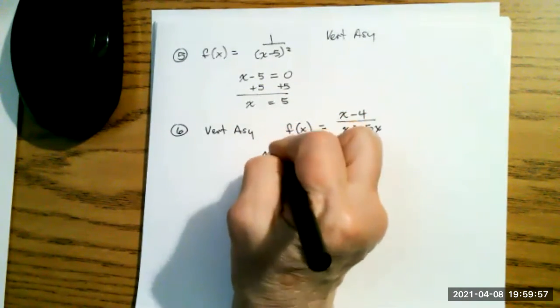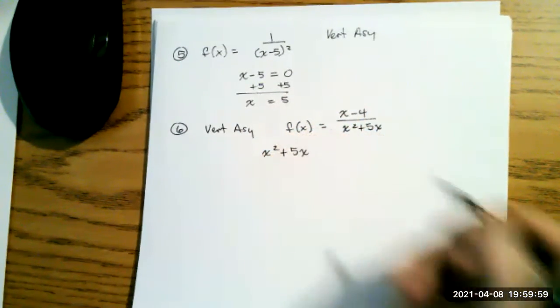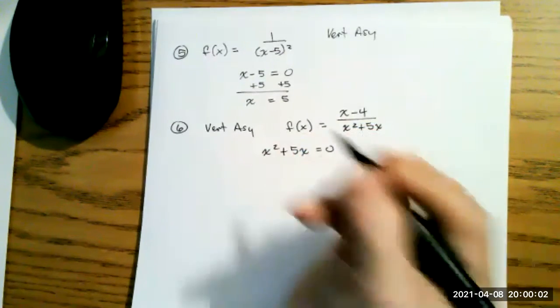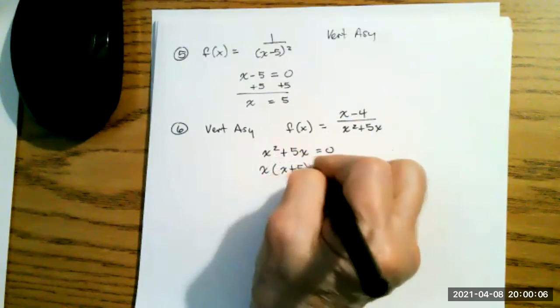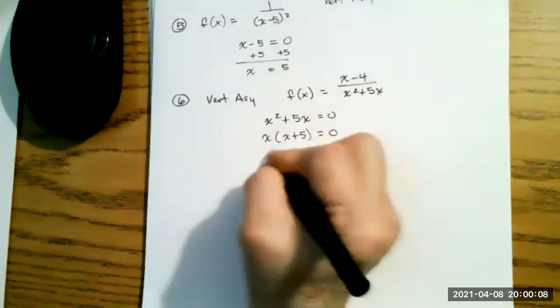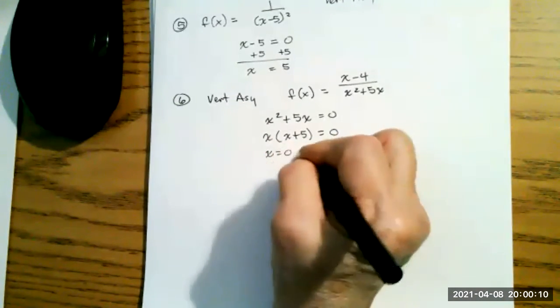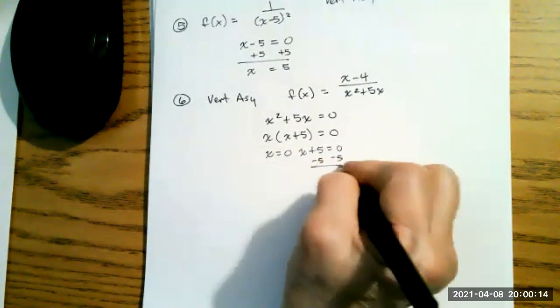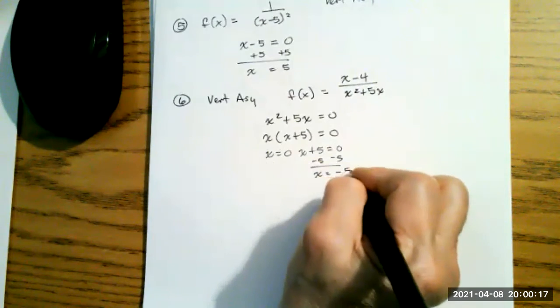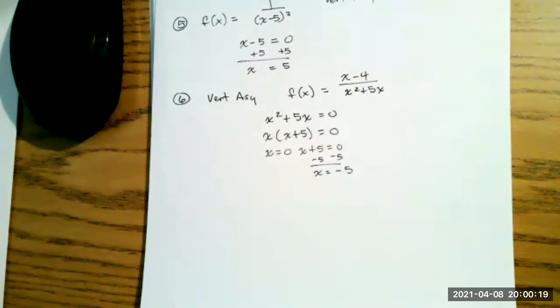So you have x squared plus 5x equals 0. Take out an x. Set each one equal to 0. So you have 2. One is x equals 0 and one is x equals negative 5.